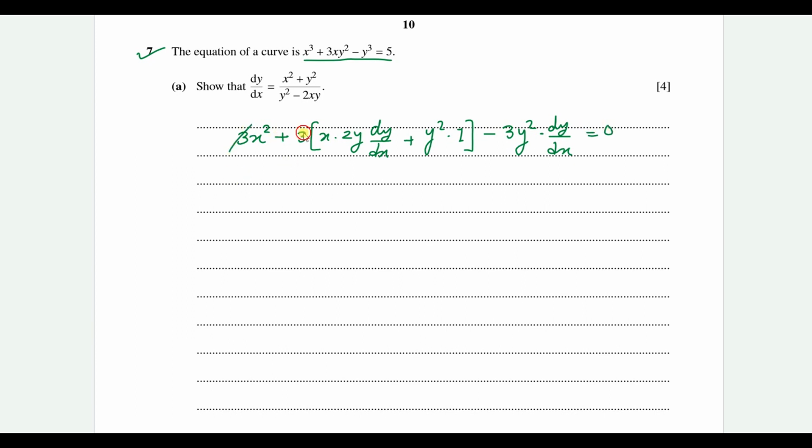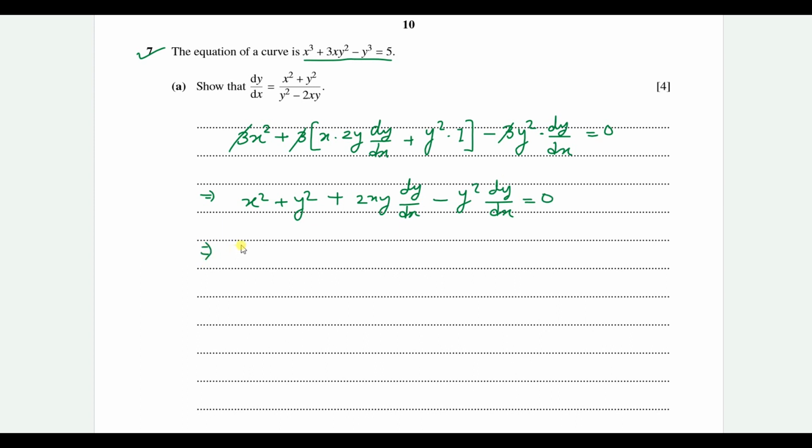We can see 3 is common everywhere, so we can cancel 3 from everywhere. Now we can rewrite it as x square plus y square plus 2xy dy over dx minus y square dy over dx is equal to 0.